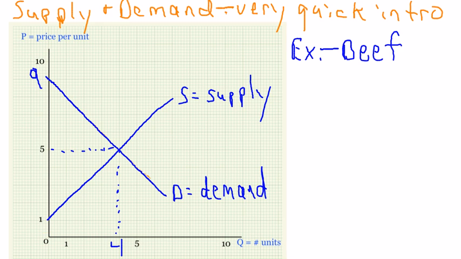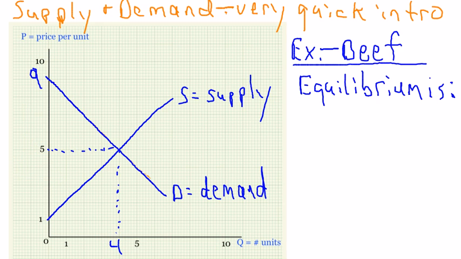And when the price is 5, consumers want 4 units. And naturally, to get people to buy more of a product, you have to lower the price of the product, which is why the demand curve slopes down. When you lower the price, consumers will buy more of the product.